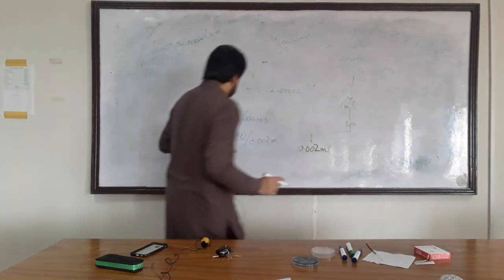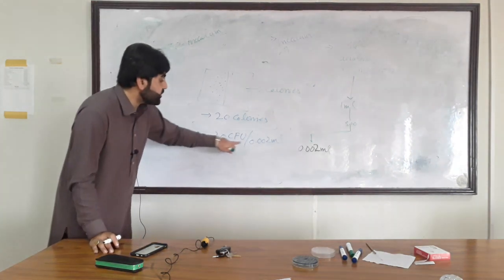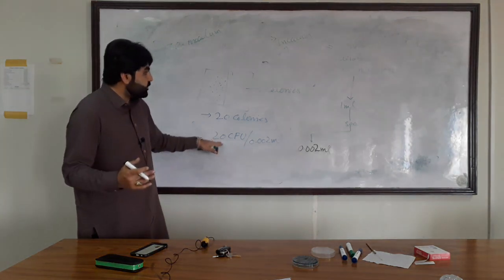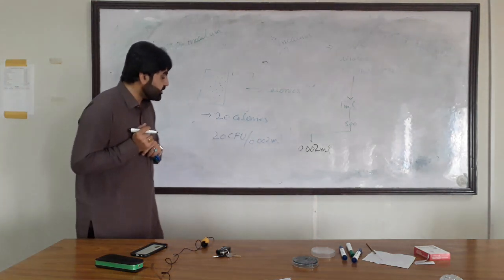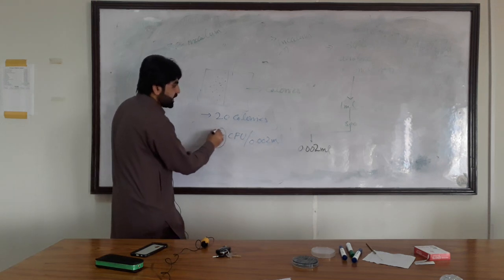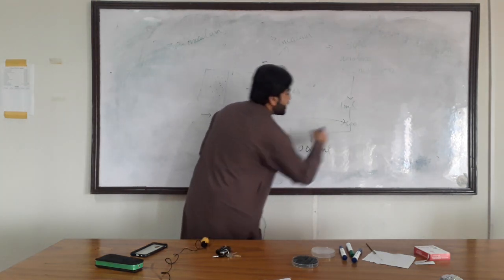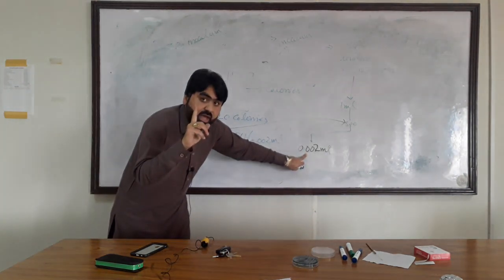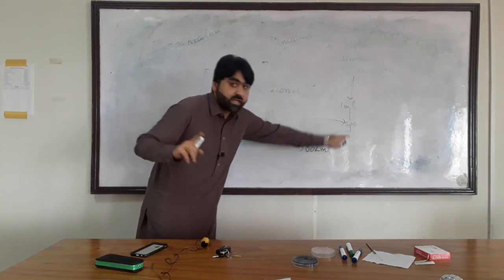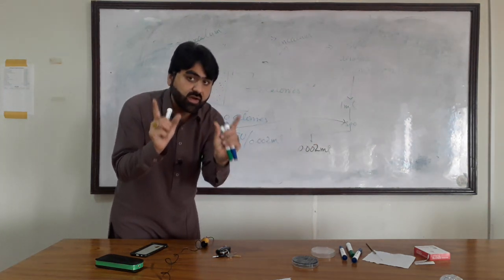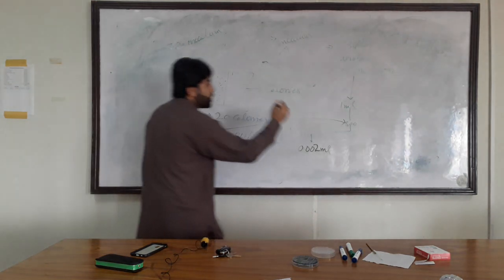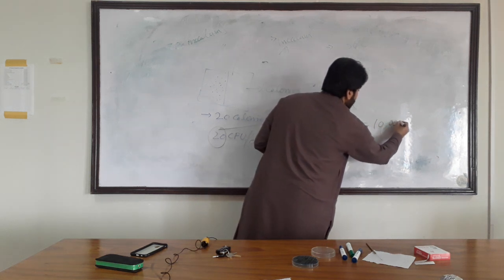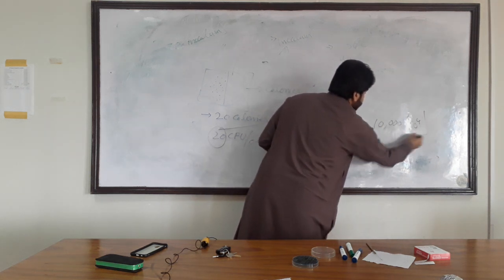So if we have got 20 CFU per 0.002 ml, then what would be the number of bacteria in 1 ml? We will multiply this 20 with 500, because 20 was the number of bacteria in one part of a ml, and we have divided 1 ml into 500 equal parts. So 20 multiplied by 500 is equal to 10 raised to the power 4, or 10,000.